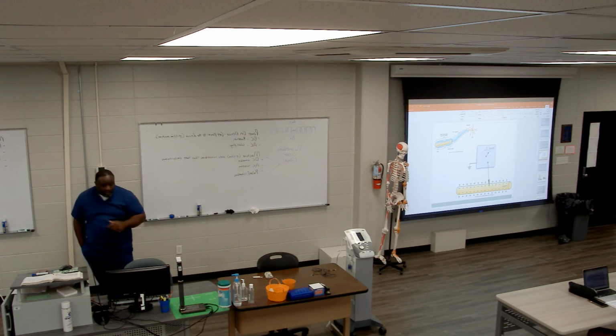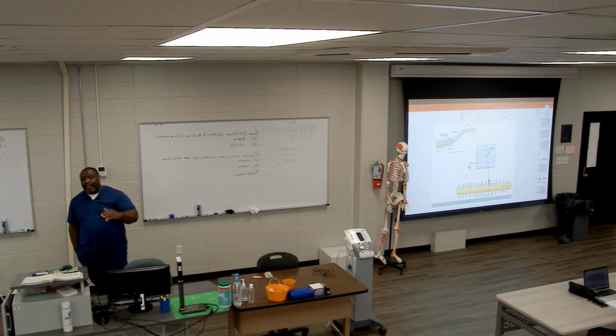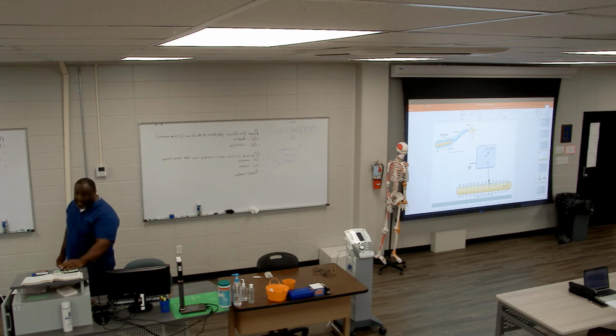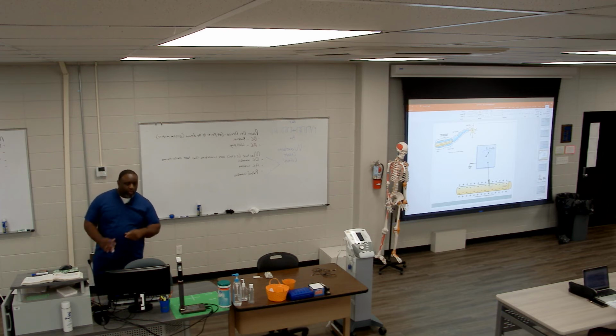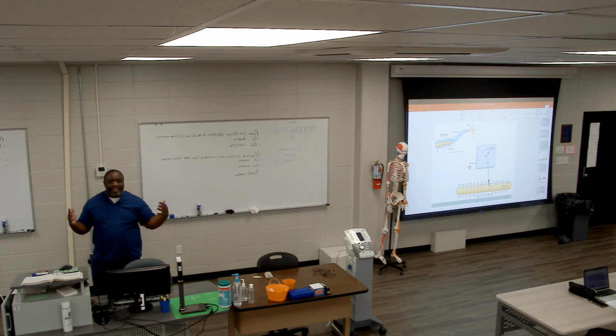So what does that mean? I'm glad you asked. Again, inside of the nerve cell, it's going to be more negative. Remember, it's minus 70 millivolts. So on the inside of a resting nerve, it's going to be negative.